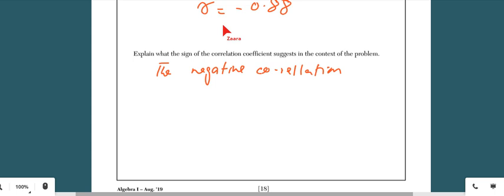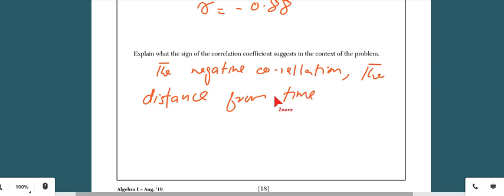suggests that the distance from Times Square, the destination that we were given in the beginning, increases as the cost of a room decreases.